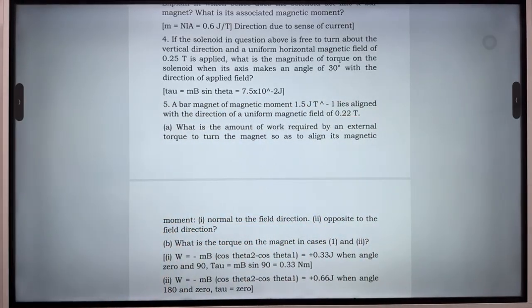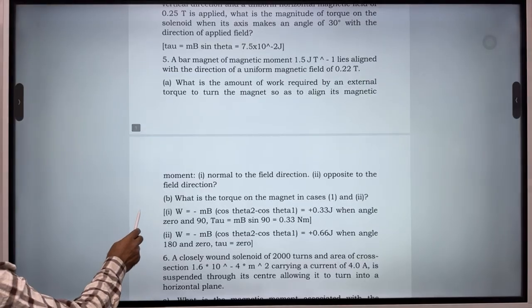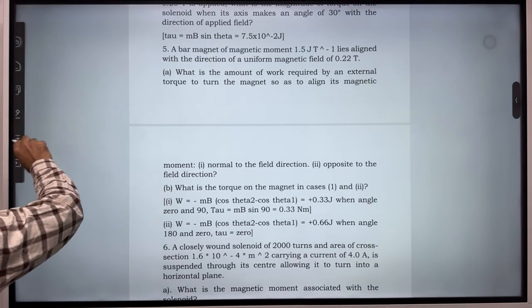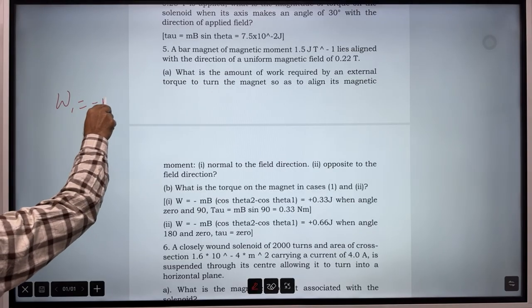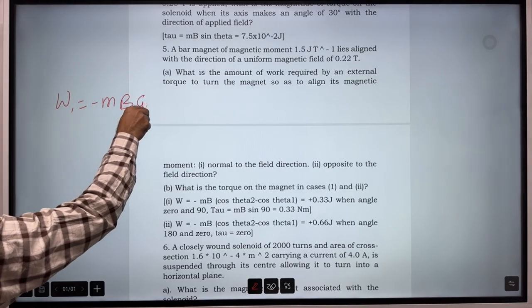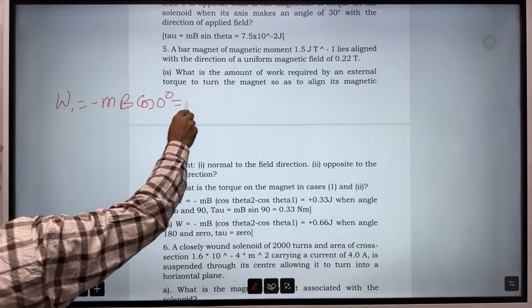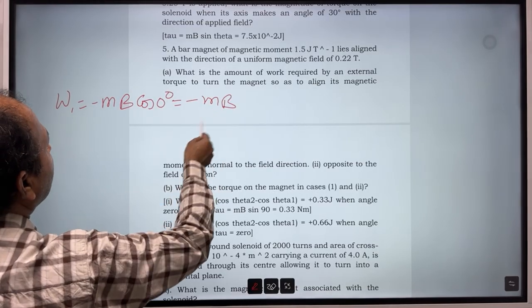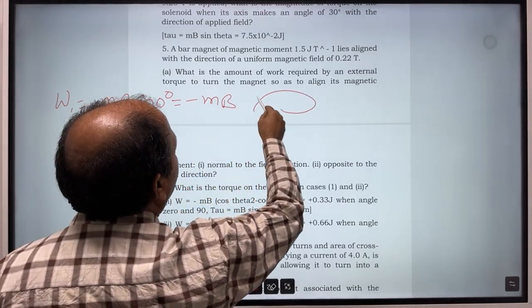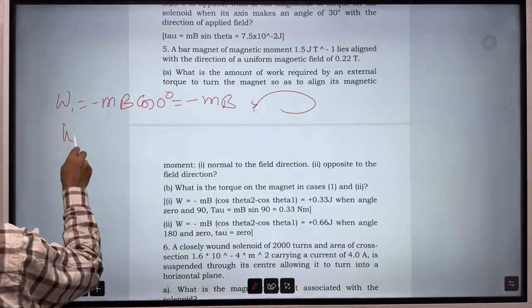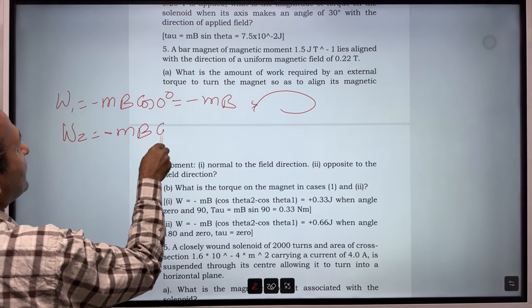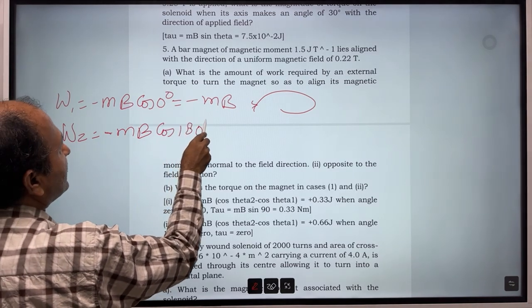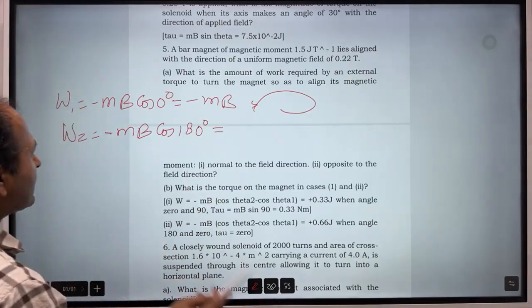Then the second part, let's see. The second part is opposite to the field direction. So here again, what you have to do? W1 you can say is minus MB cos 0 degree, right? So it will be minus MB, and then you have rotated it through 180 degree. So W2 will be equal to minus MB into cos 180 degree, and cos 180 degree is minus 1.